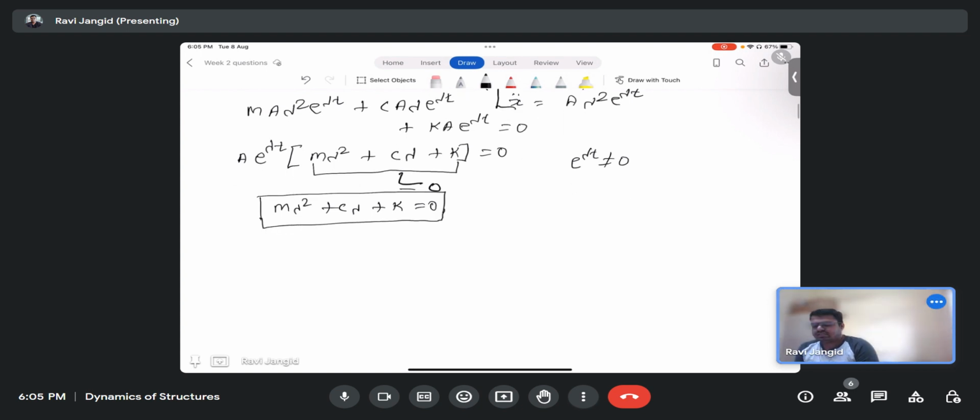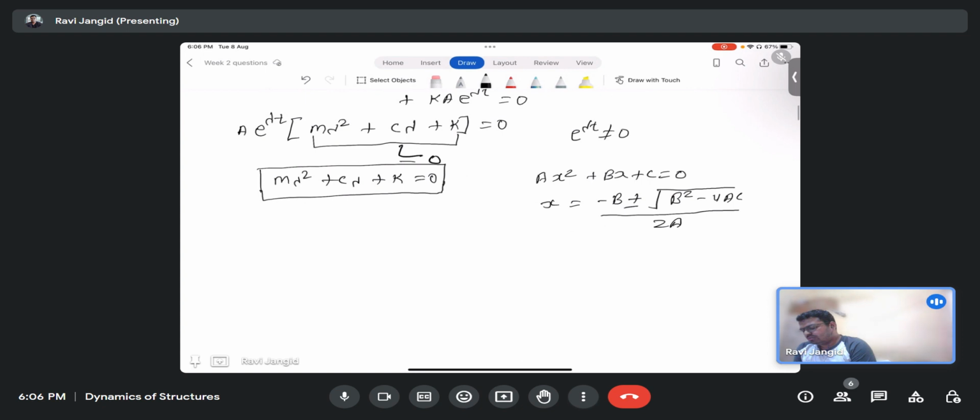This is a 2-degree polynomial equation. We know that for an equation a x square plus b x plus c is equal to 0, x will be minus b plus minus square root of b square minus 4ac, divided by 2a.